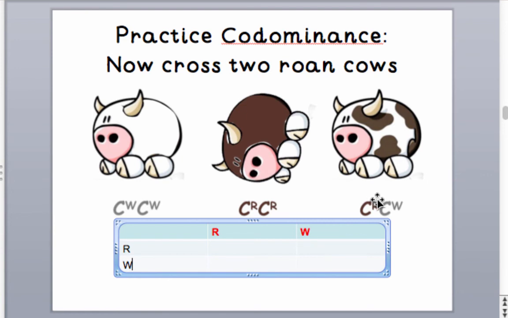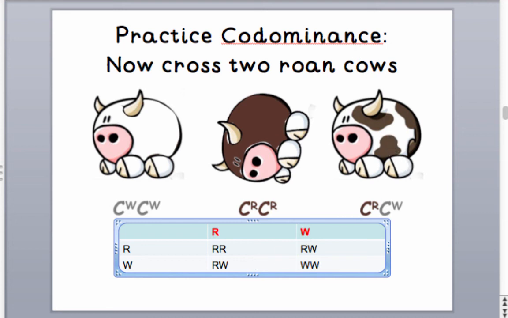Roan means spotted. So let's see what happens from two spotted cows. This one will be RR, this one will be RW. Here we have an RW and here we have a WW. So what are the results? 25% white cows, 25% red cows, or brown cows, and 25 plus 25, 50% of spotted cows.